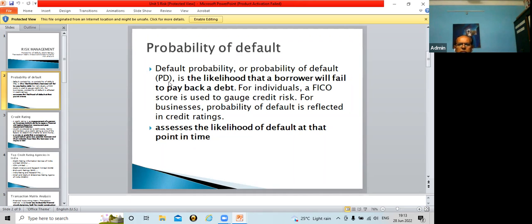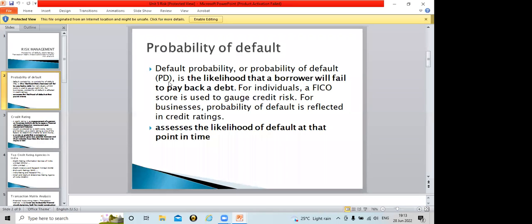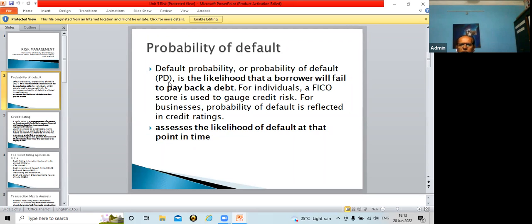What kind of score does the bank measure? So credit score. Should the person be given a loan or not? So that kind of score, credit score. And there are some values, and that differs from bank to bank. If that value is lesser than that, then in that case, no loan will be given to that person.